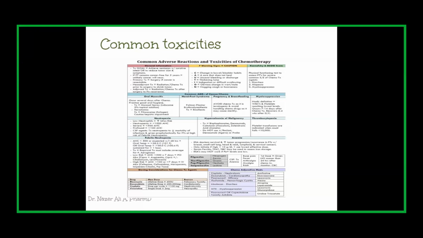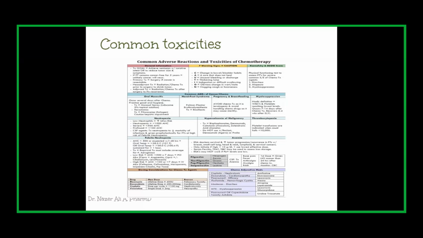And also there is a chance of myelosuppression, febrile neutropenia. If febrile neutropenia occurs, we have to prescribe an antibiotic, especially in our hospital. If there is neutropenia, the first line will be a cephalosporin.